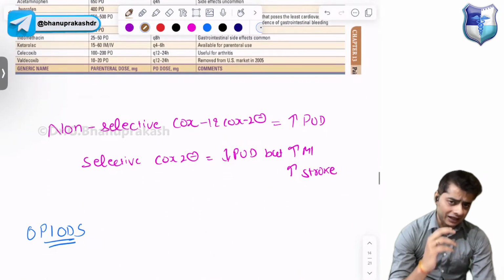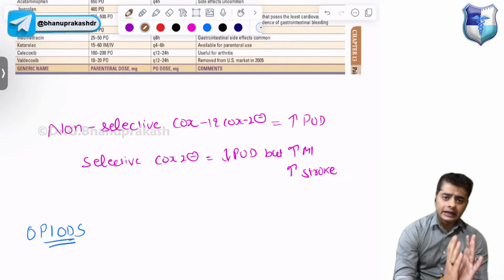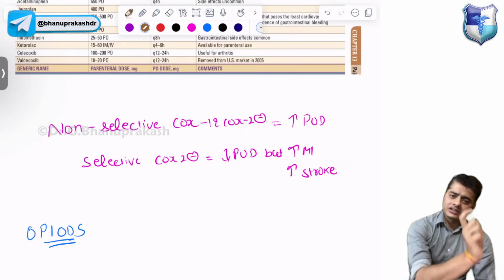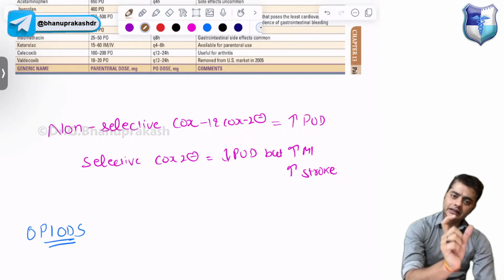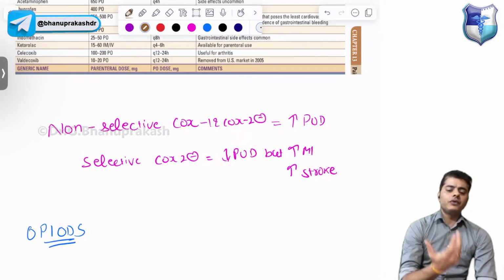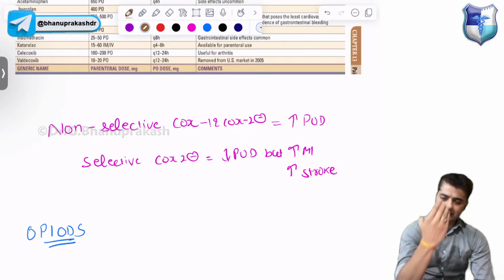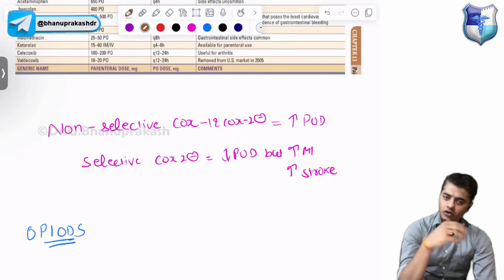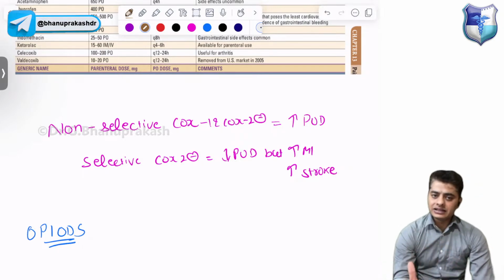Now, when we are prescribing NSAIDs to anyone, you should remember one common formula: there are two types of NSAID. One is non-selective, which inhibits both COX-1 and COX-2. Another is selective, which inhibits only COX-2. Generally, NSAIDs can lead to peptic ulcer disease, and this is one of the most common causative agents for it. Non-selective ones lead to peptic ulcer disease.